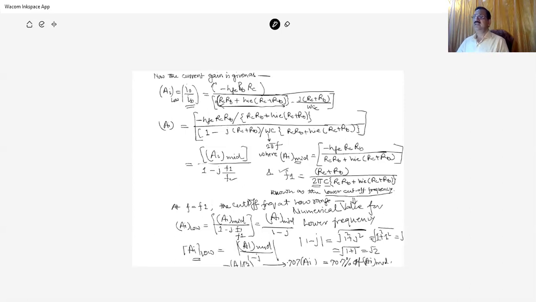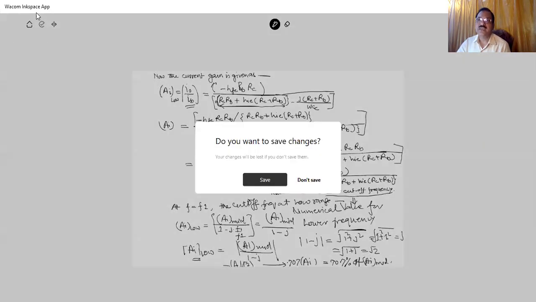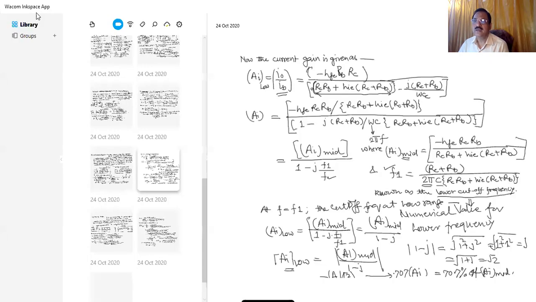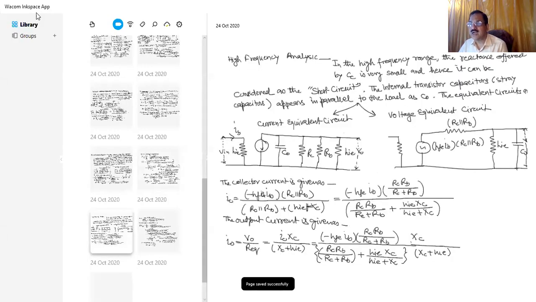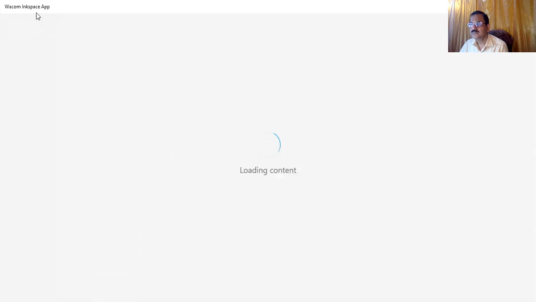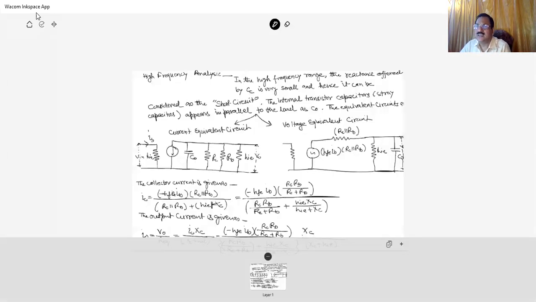So this one is the corresponding value in the mid frequency region, and now the high frequency region. Similarly, we can consider the case as the high frequency analysis. In the high frequency range, the reactance offered by CC is very small, because f is high.